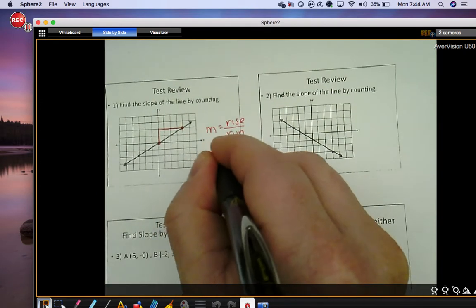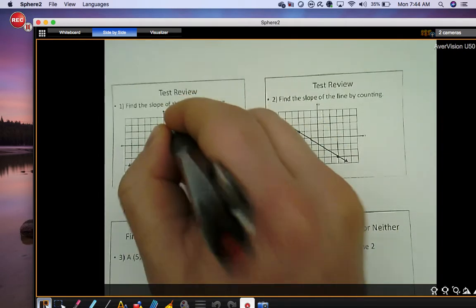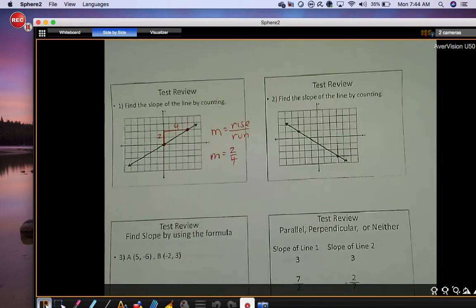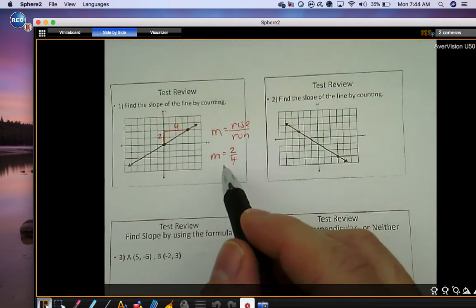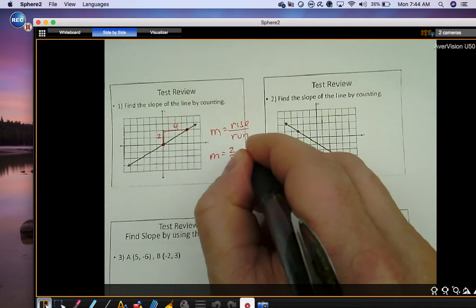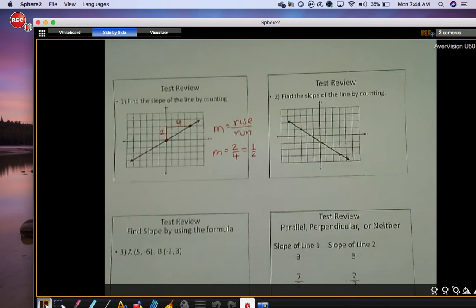So our slope, the rise would be 2, and the run would be 4. On the multiple choice test tomorrow, this is not going to be an option because 2/4 needs reduced to 1/2. That's the slope of the line, positive 1/2.